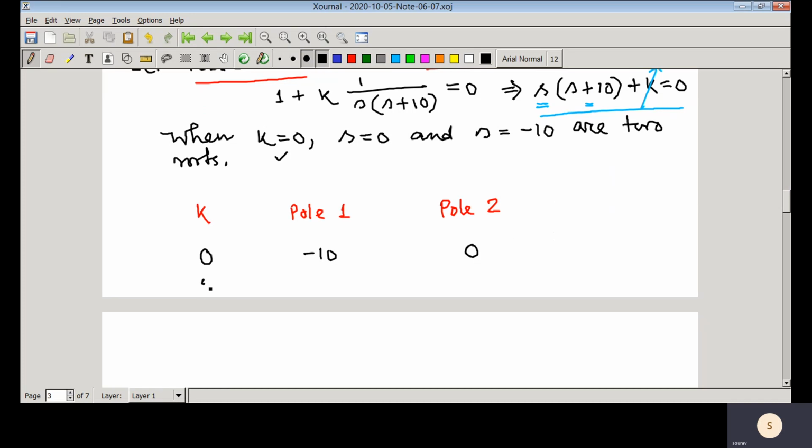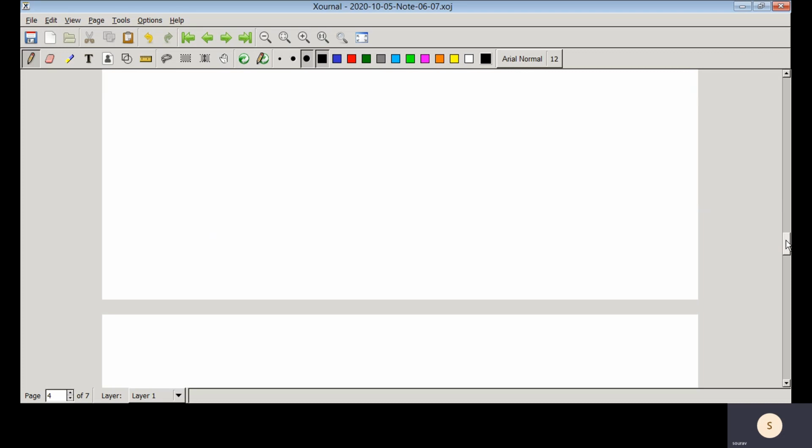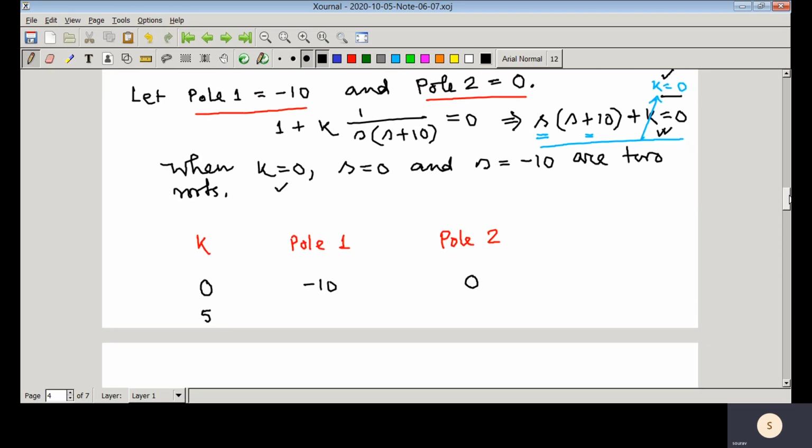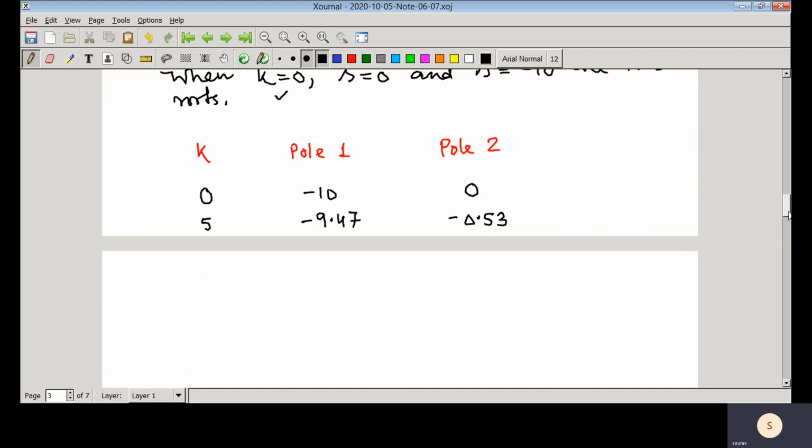Now if you calculate it, whenever k equal to 5, what would be the values of s1 and s2? We get pole 1 as minus 9.47, and pole 2, these closed loop poles, we get minus 0.53.